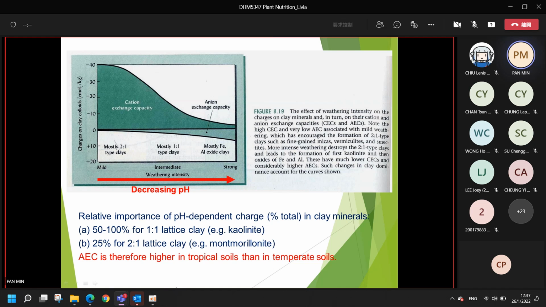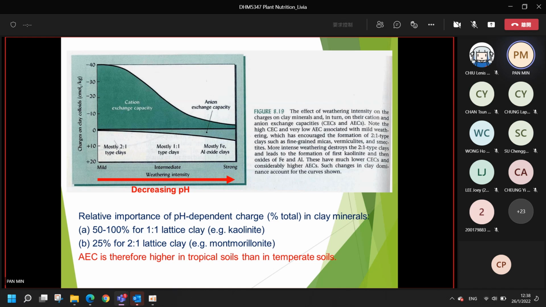So more of the binding sites are permanent, and a lower percentage is pH dependent charge, which means less of them can be extracted by the plants from the soil solution.